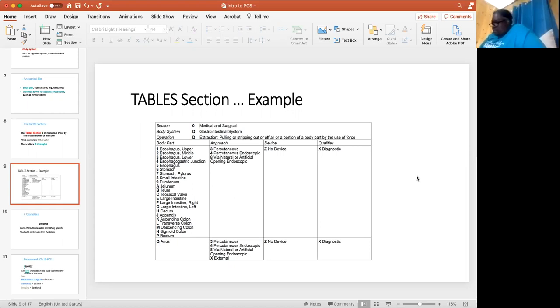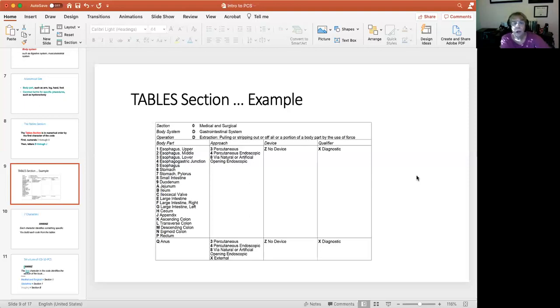Great. Now remember, every PCS code must have 7 characters. So we have the first 3, we need 4 more. The 4th, the 5th, the 6th, and the 7th are all going to come on the same row across the table as determined by your first choice, which will be the body part.